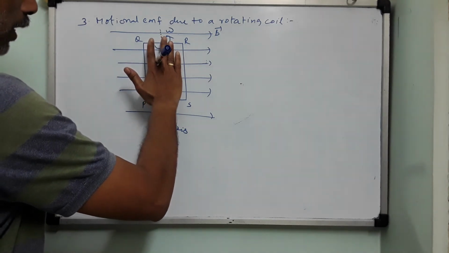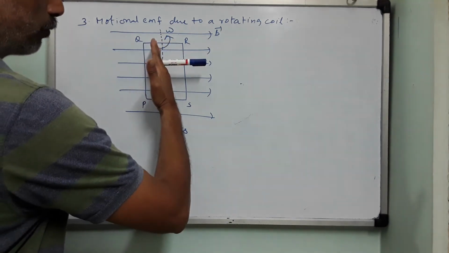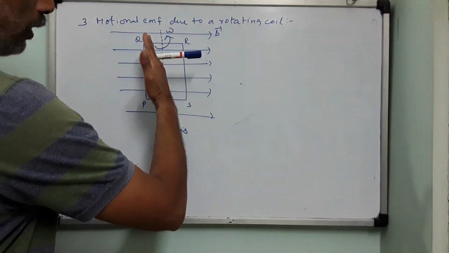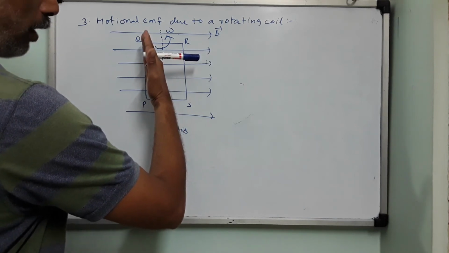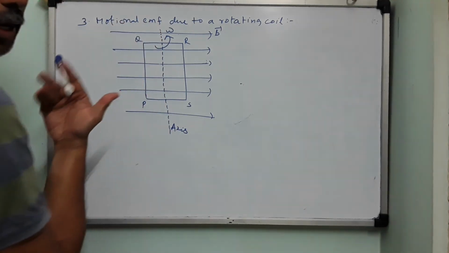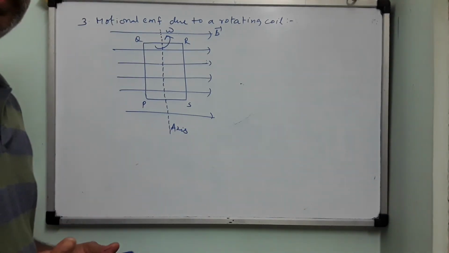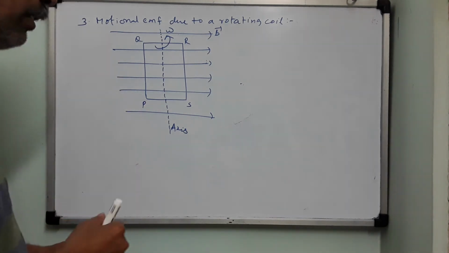This theta value is now 90, it will gradually decrease, now it will become 0. And then from 0, it will go to 95, 100, 150, 160, 180. Then 270 and 360. So theta value continuously changes from 0 to 360 as it rotates in the magnetic field.